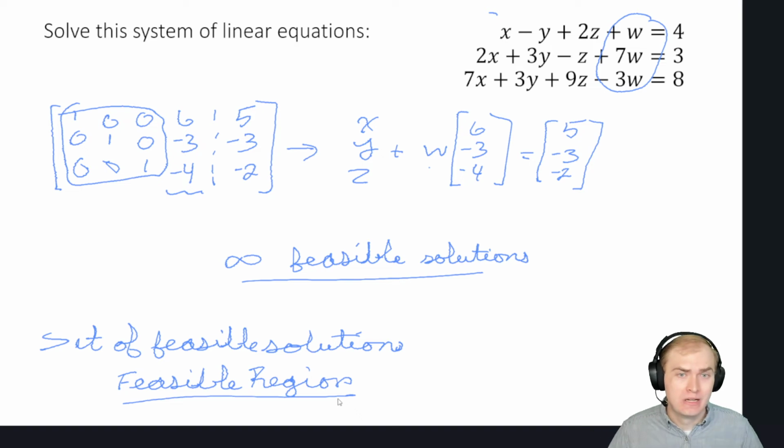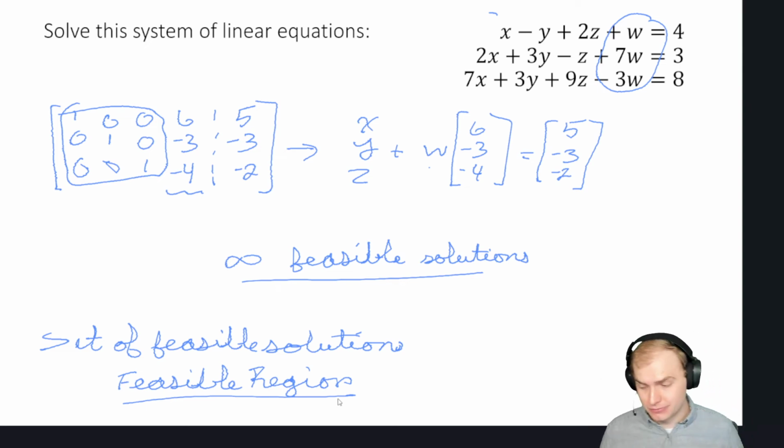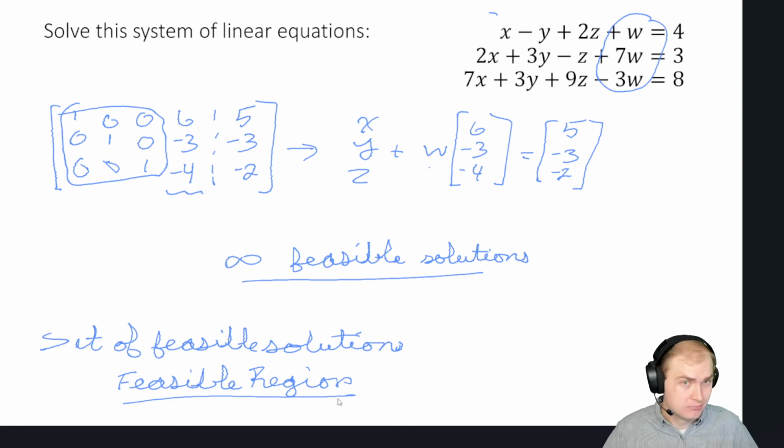In this problem, it's a line, a one-dimensional line in a four-dimensional space. In the problems that we'll be working on later, the feasible region may be n-dimensional. We'll start with 2 or 3 dimensions, but dimensions here just means the number of variables that are free.